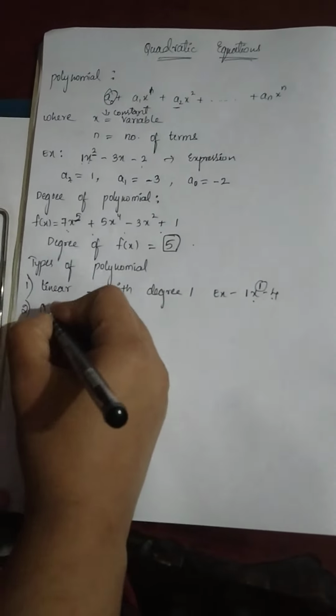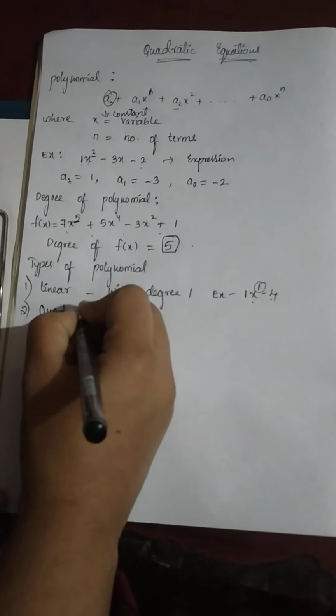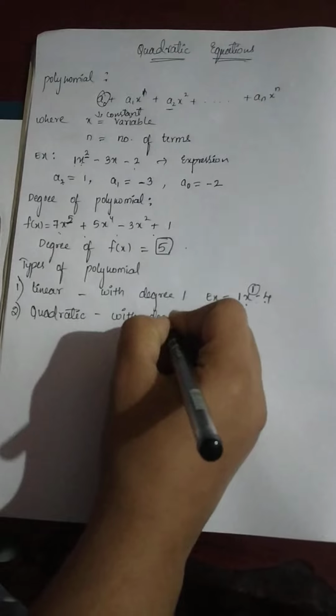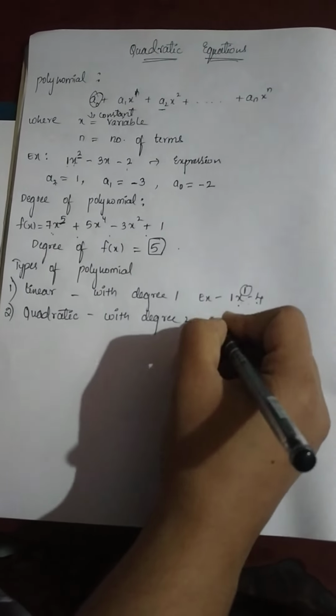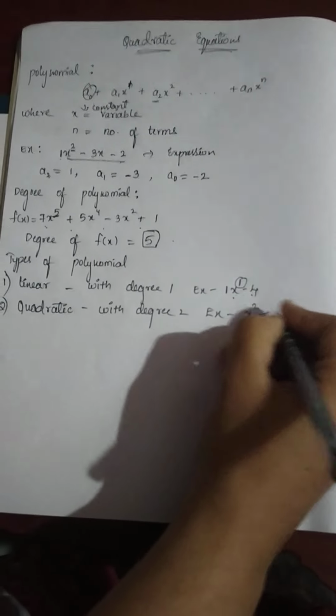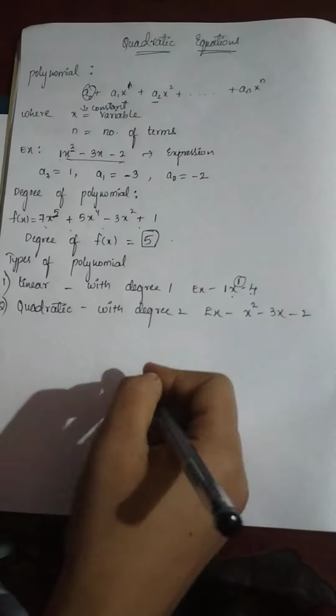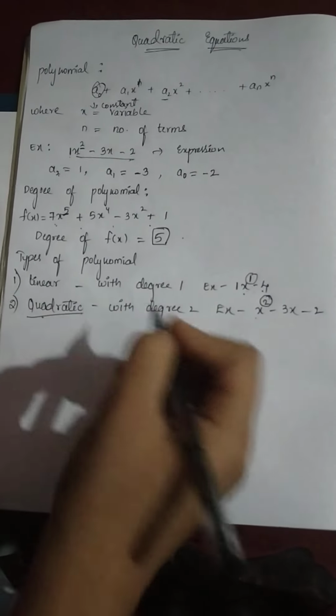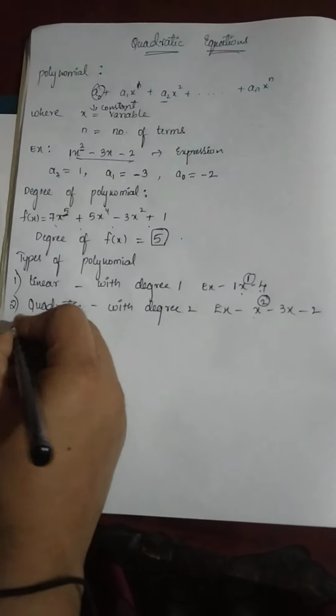Second, quadratic, with degree 2. Example here would be, we can take this also, x square minus 3x minus 2, right? Here the highest degree is 2, so we can call it a quadratic polynomial, right? Next is cubic.